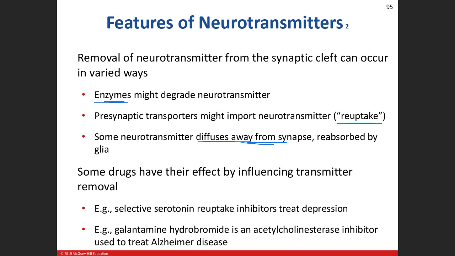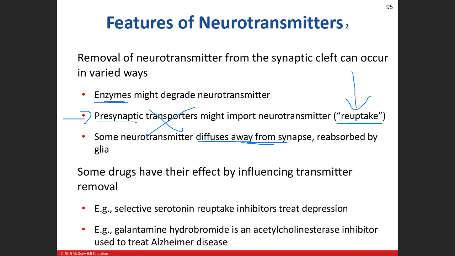So one of the ways we can help promote serotonin's effects is to prevent it from being removed from the synaptic cleft. These SSRIs inhibit these transporters in the presynaptic neuron from reuptaking the serotonin. So it stays in the synaptic cleft longer, so it can exert its effects longer.